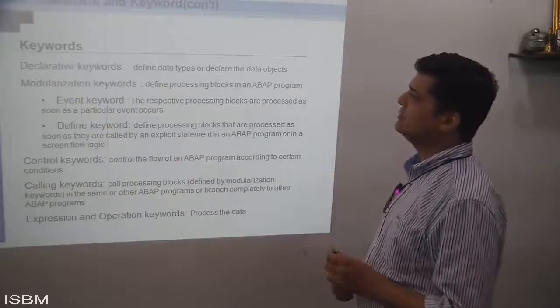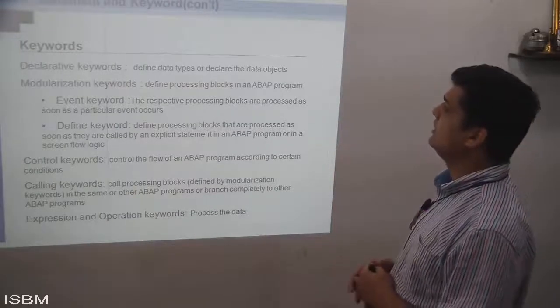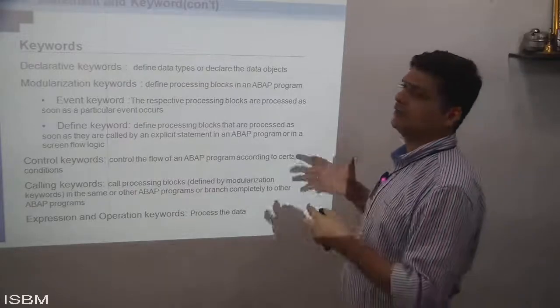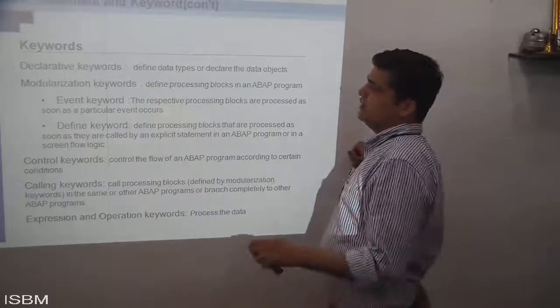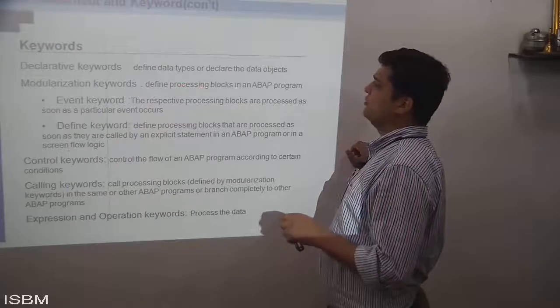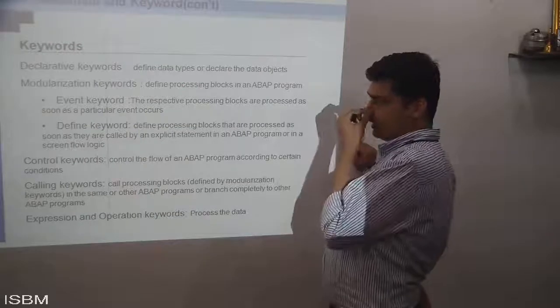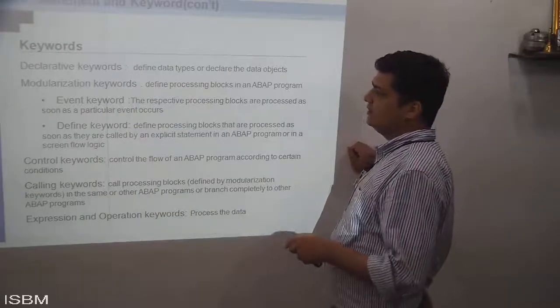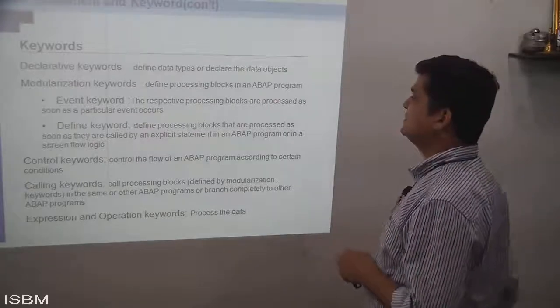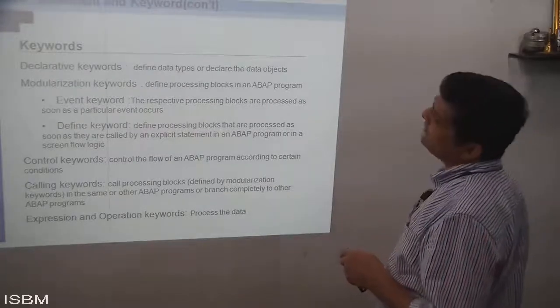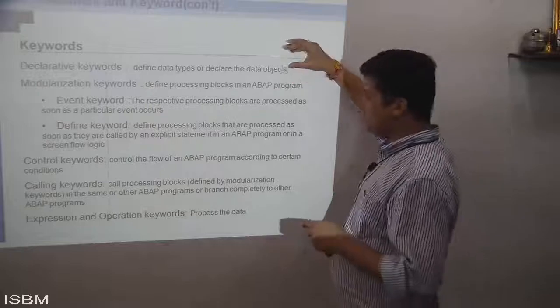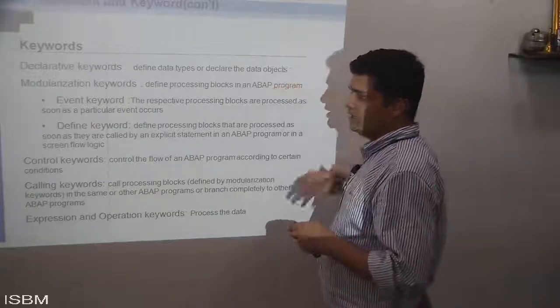Then some keywords. Declarative keywords define data types and declare data objects. We have modularization keywords, which define processing blocks in an ABAP program. We have event keywords, the respective processing blocks: whatever you have written in the event itself will be processed.